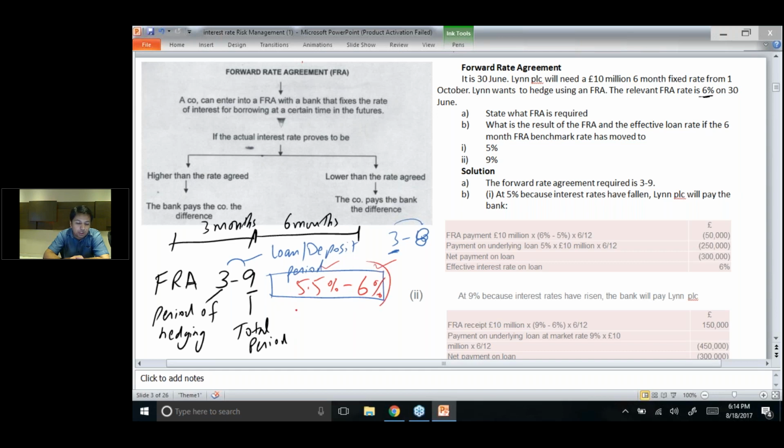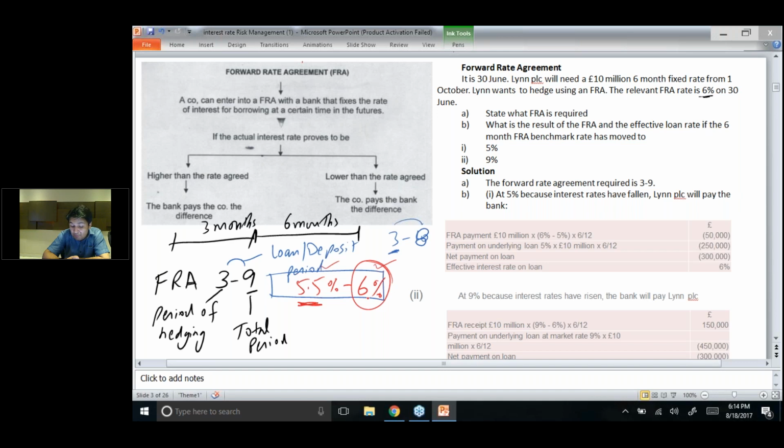And if you are going to hedge your lending position, you will use this 5.5%. So the standard terminology is like this. Okay, let's suppose you have locked a 6% rate. Once you have agreed or locked the 6% rate, whether interest rate rises or falls, your final interest cost will be 6%.